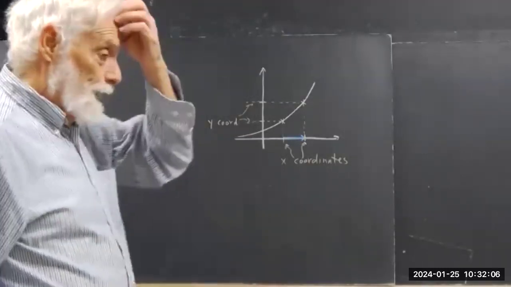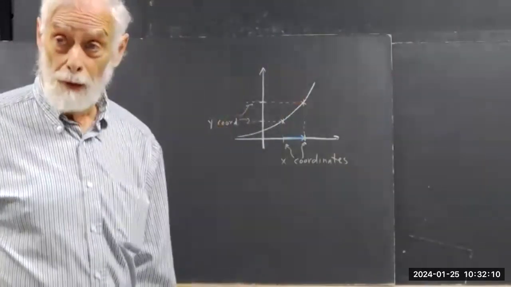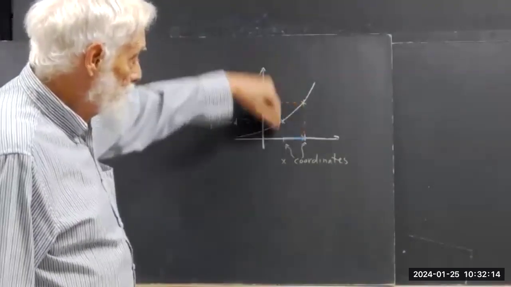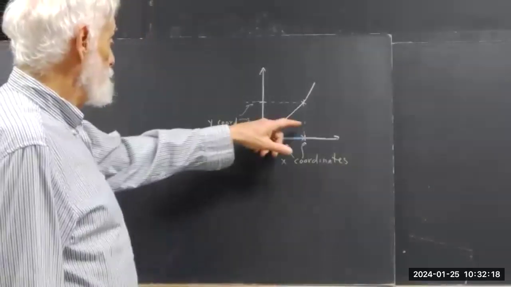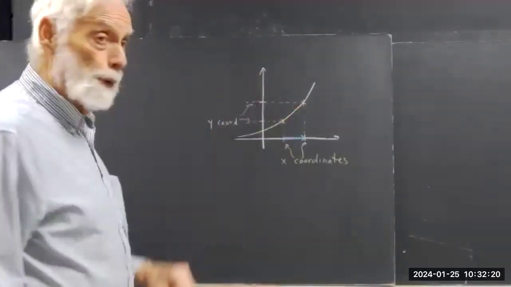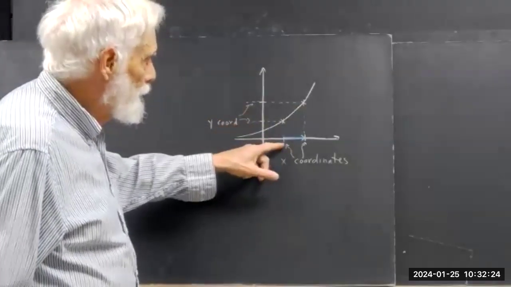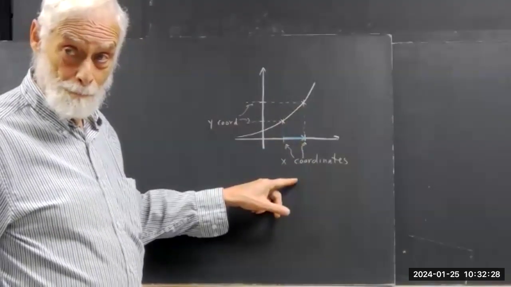But let me again explain all I've done. I just marked 2 points in this graph. I marked the x coordinates, 2 vertical lines, so I can see where the x coordinates are. And then I drew horizontal lines so I could see where the y coordinates are. Then I drew an arrow from left to right for the x coordinates. Okay.